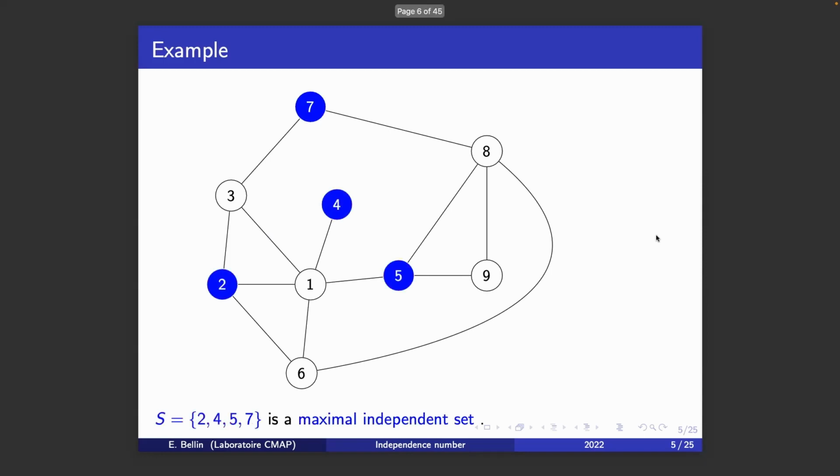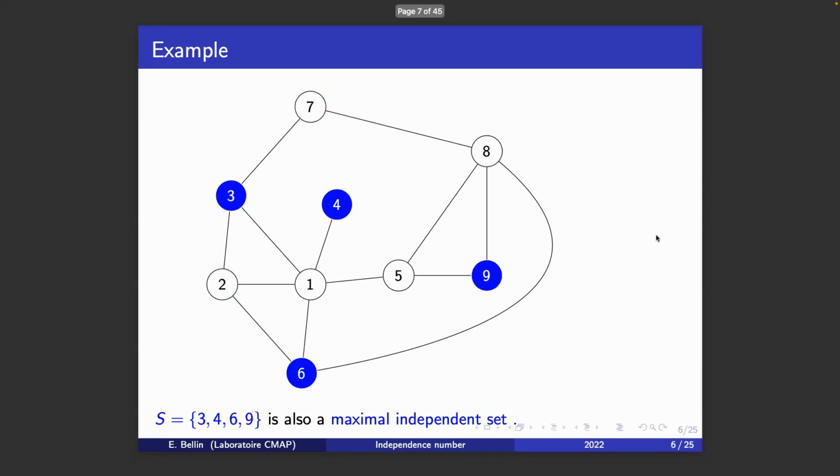But it is not maximal because, for instance, if I add the vertex 7, I have a bigger independent set. Indeed, in this particular example, we can easily see that 4 is the maximal cardinal you can have for an independent set. So 2, 4, 5, 7 is maximal.